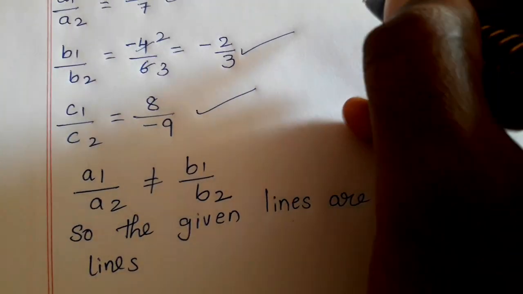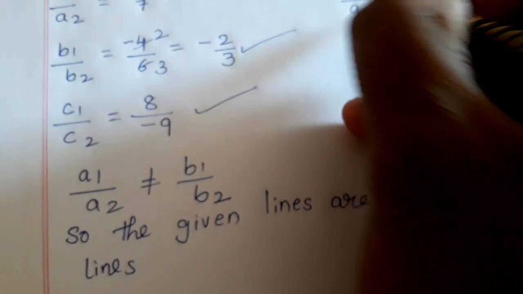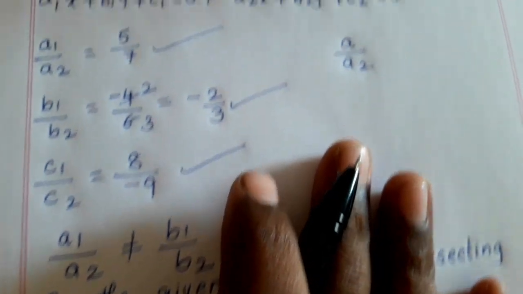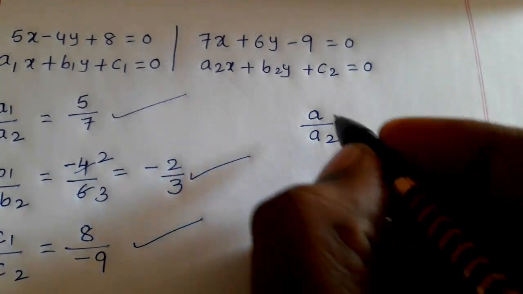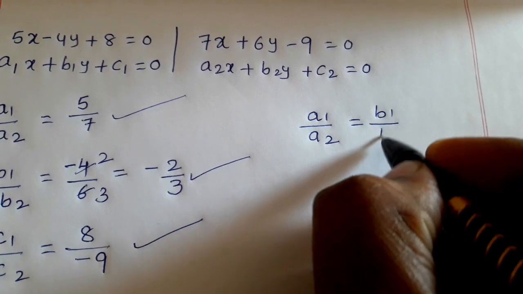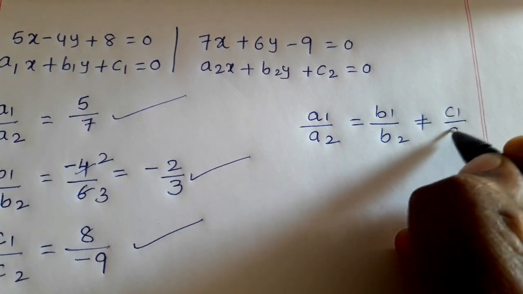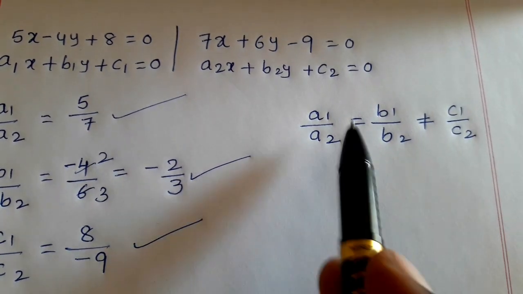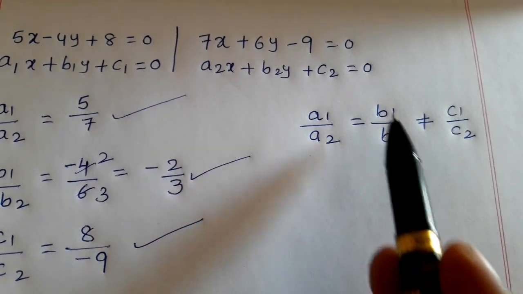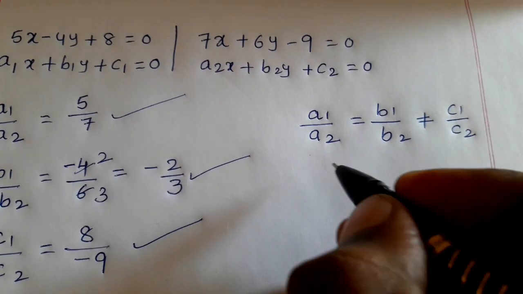If a1 by a2 is equal to b1 by b2, then what is the condition? If a1 by a2 is equal to b1 by b2 and not equal to c1 by c2, if two ratios are equal, then they are parallel lines.